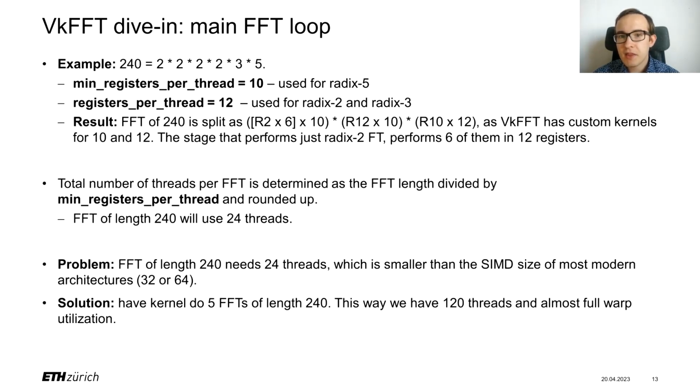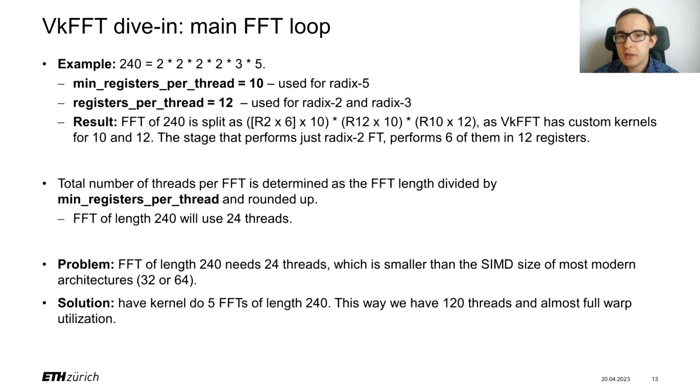Now let's demonstrate the thread assignment logic on the FFT of length 240, which is a multiple of 16, 3 and 5. Here mean registers per thread value is equal to 10 and is used for radix 5 Fourier transform. Registers per thread value then is equal to 12 and is used for radix 2 and radix 3 Fourier transforms.